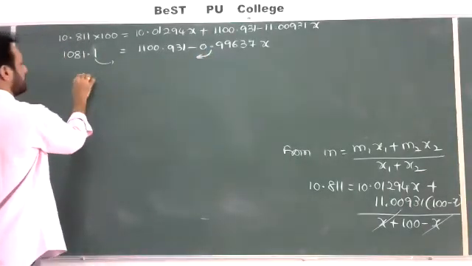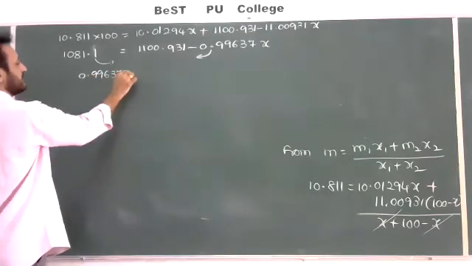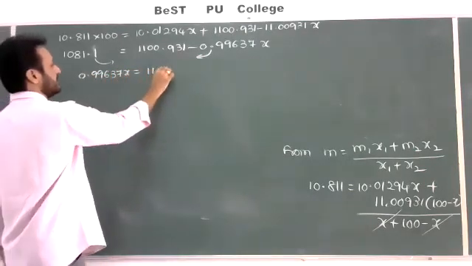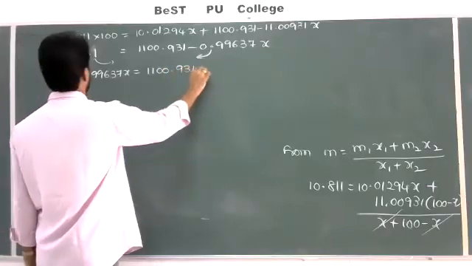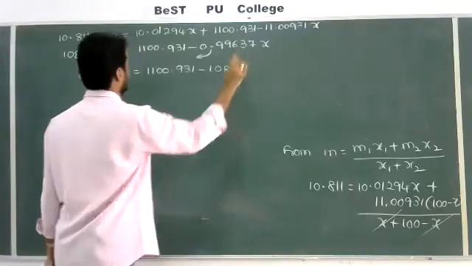So 0.99637x is equal to 1100.931 minus 1081.1.